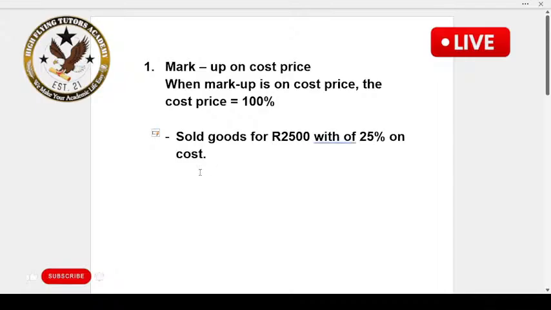So for you to determine the figures that are missing, you need to determine the percentages.